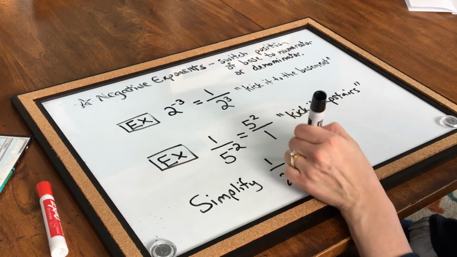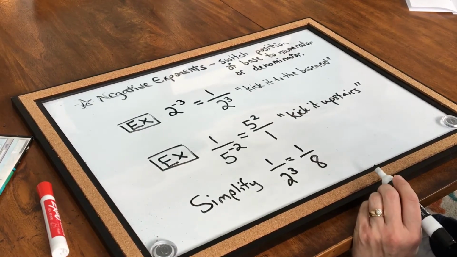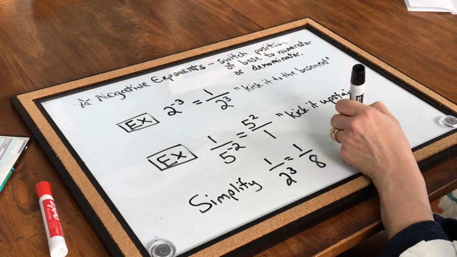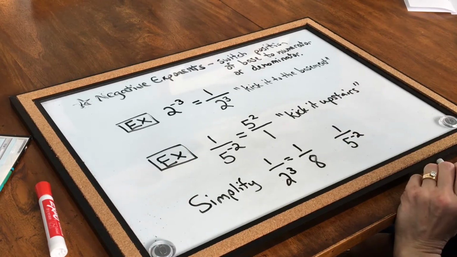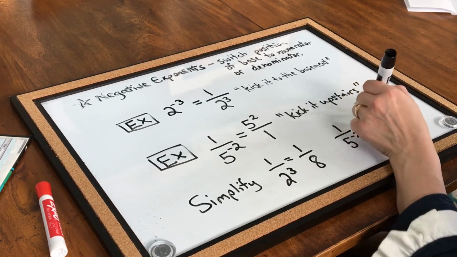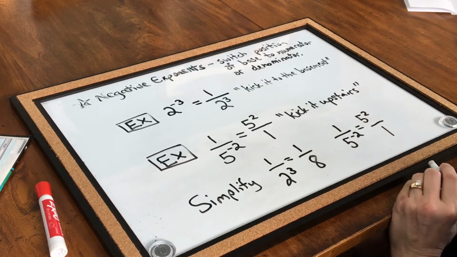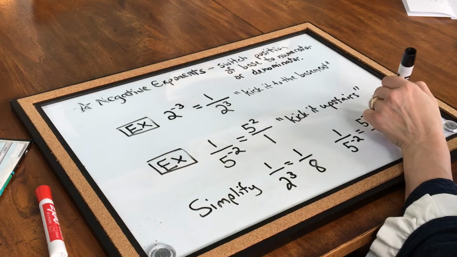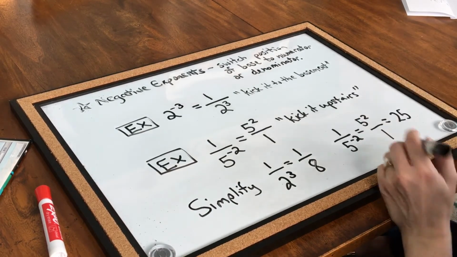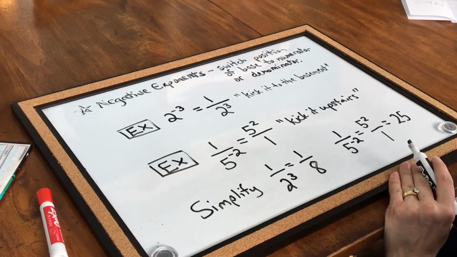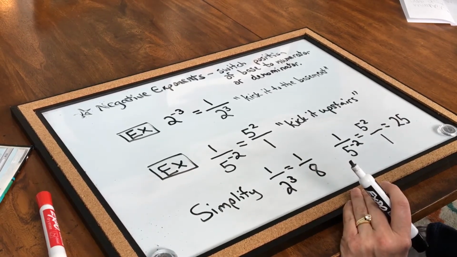So this would equal 1/8. When I was simplifying my 1 over 5 to the negative 2 power, we said, well, that means I have to kick it upstairs. And then now we can simplify. 5 squared is actually 25. And 25 divided by 1, of course, that would just be 25. Okay, so you want to make sure you simplify.